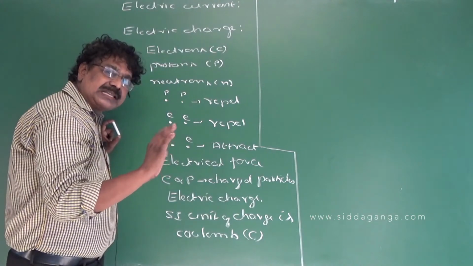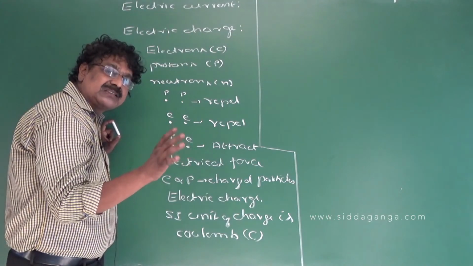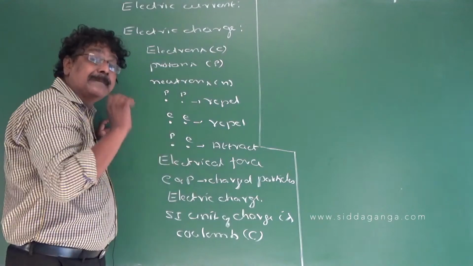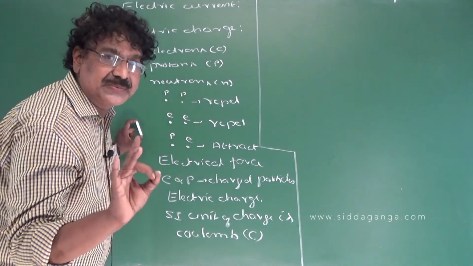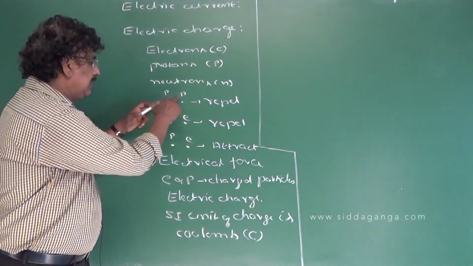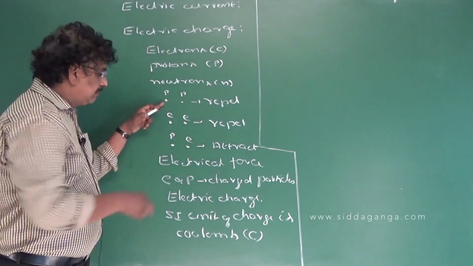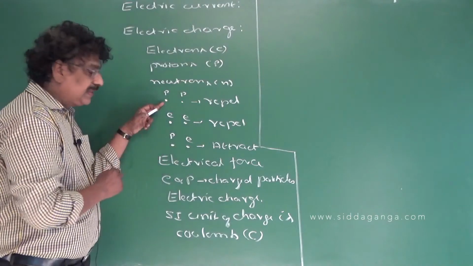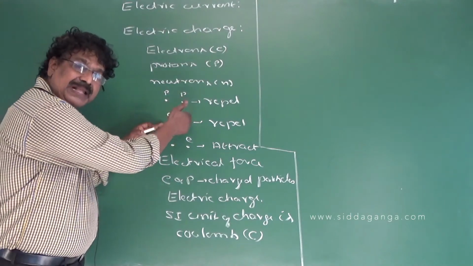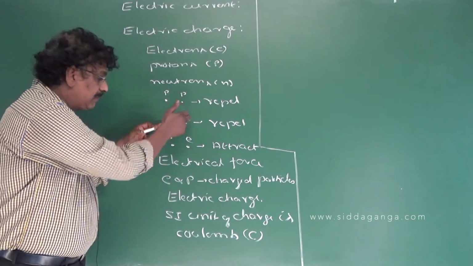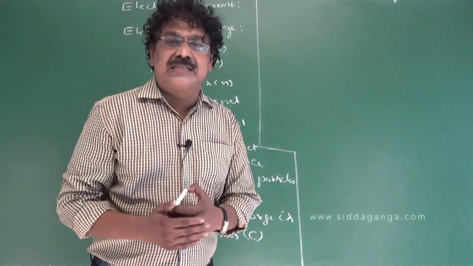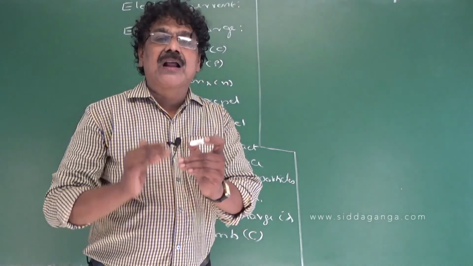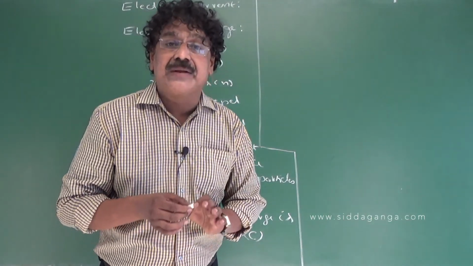Both have the same quantity of electric charge, but their nature is exactly opposite. So a proton repels another proton but attracts an electron. An electron repels another electron but attracts a proton. So these two charges are exactly opposite in nature.